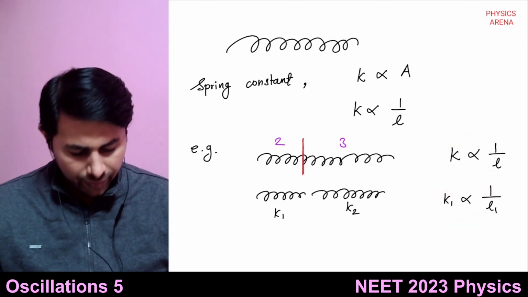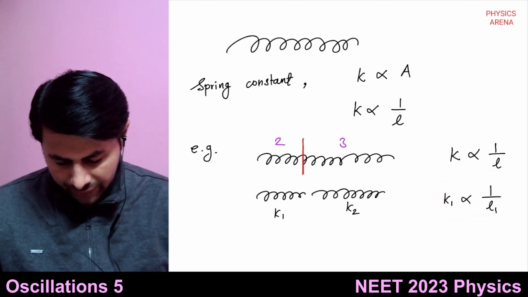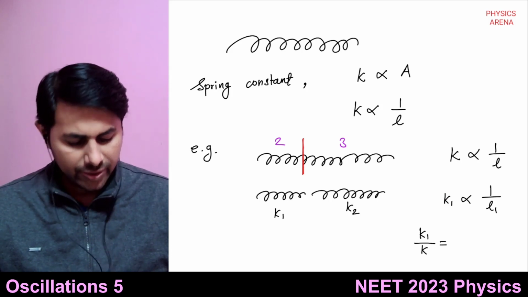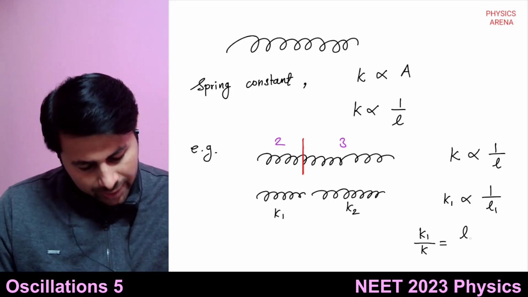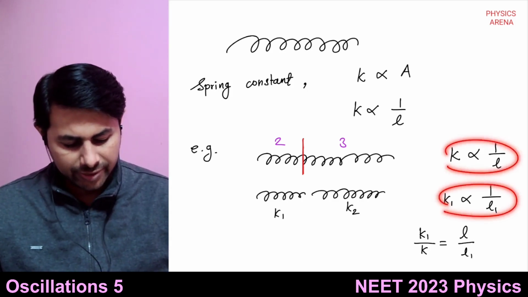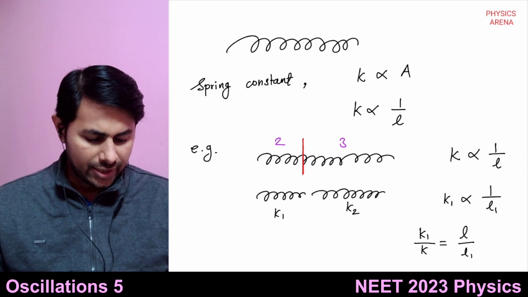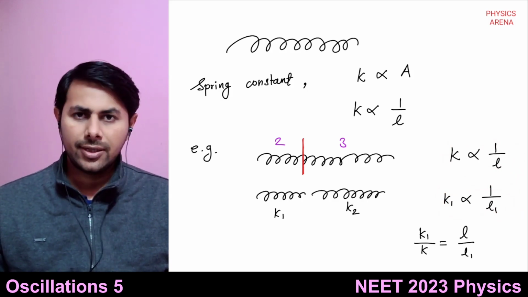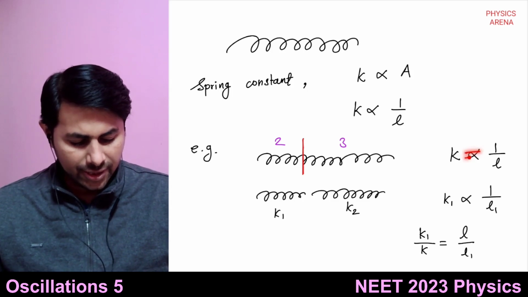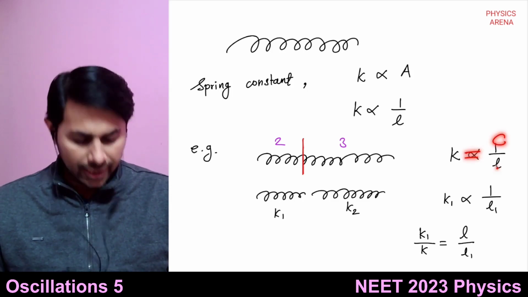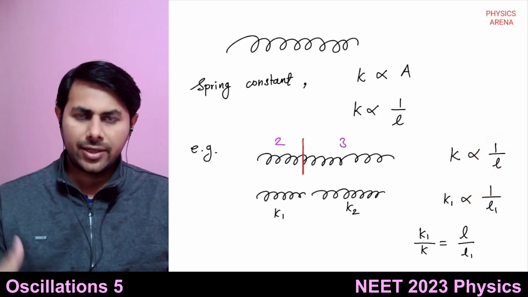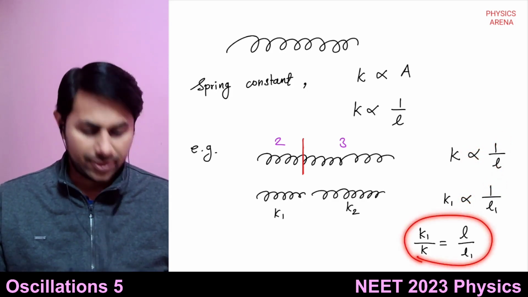Dividing, you get K1 upon K equals L upon L1, because each is equal to some constant upon L, and then if you take the ratio, you will get this equation.